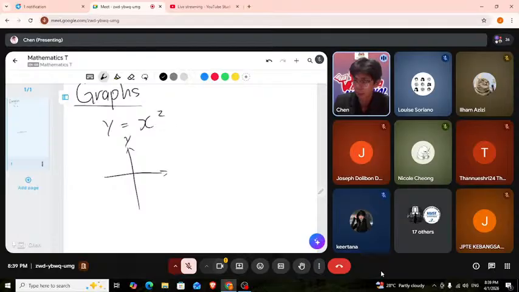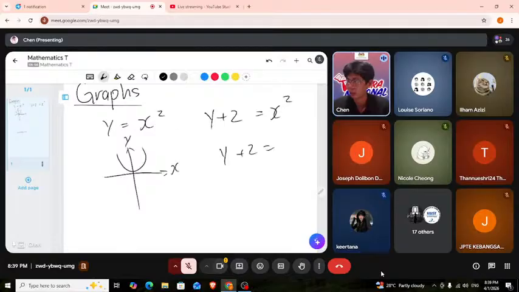But sometimes in the question, it would ask you how to manipulate the graph. Sometimes they will ask what if they put 2 here, right? What would happen to the graph? Sometimes they would put it here and then sometimes have times 2 here.